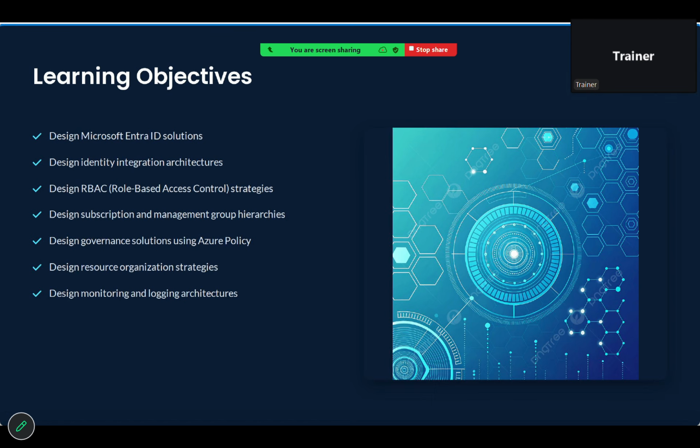An Azure administrator deals with... well, the solution architects, they deal with the main requirements, how many users, the security requirements. They think technology comes later.